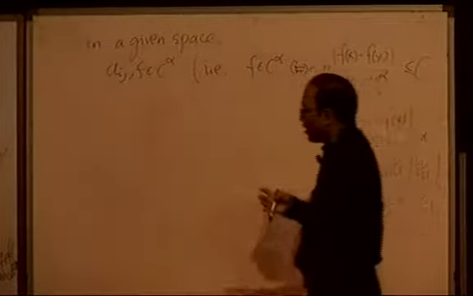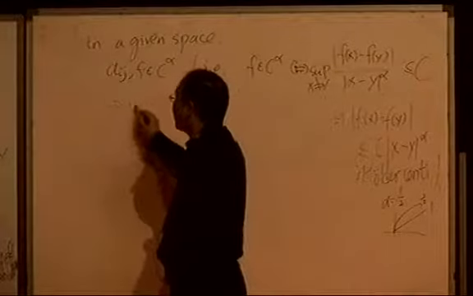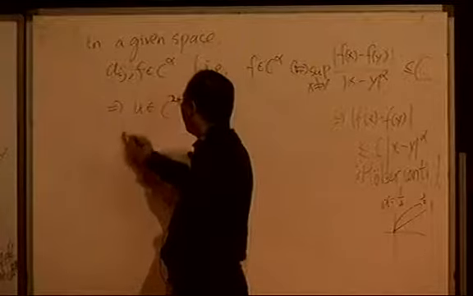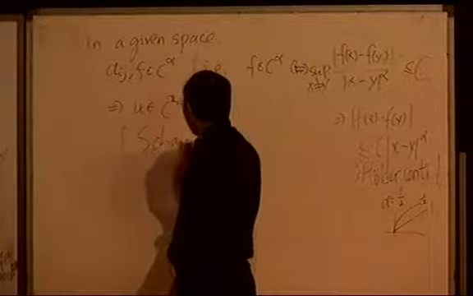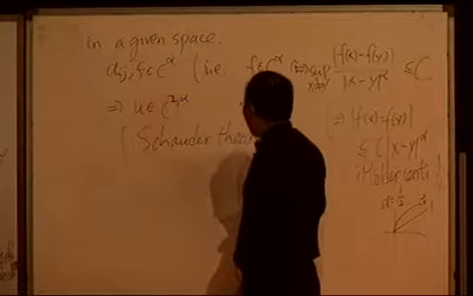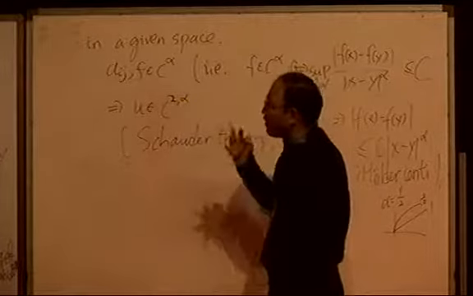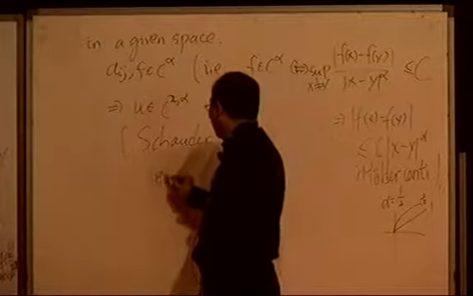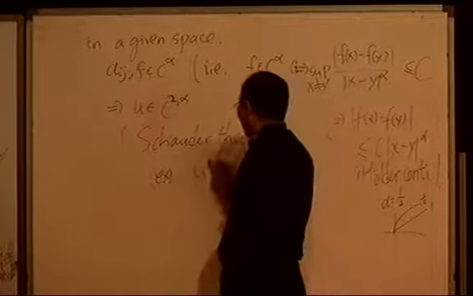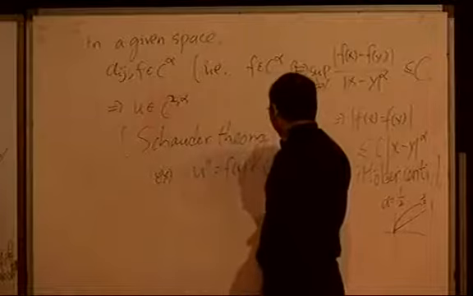So that is a kind of small perturbation theory, and then what you want to say is the solution is C2 alpha. Okay, and that is the so-called Schauder theory. So why is it C2 alpha? Well, you can guess it. For example, the simplest PDE is an ODE. So you think this is f of x, and let's say this is C alpha.